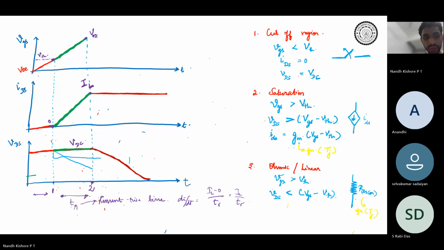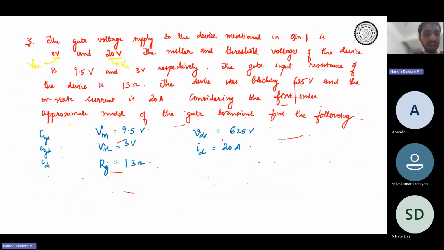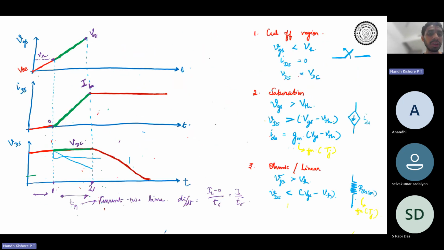We saw in the problem that V Miller was given as 9.5 volts, and V threshold is 3 volts. So during this current rise time, VGS increases from V threshold to V Miller. We have to find out this time period.